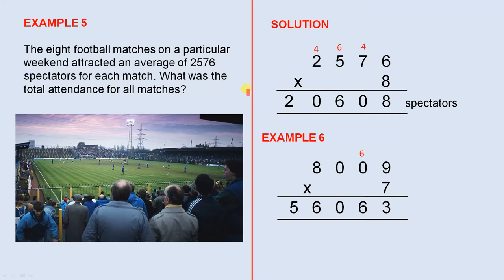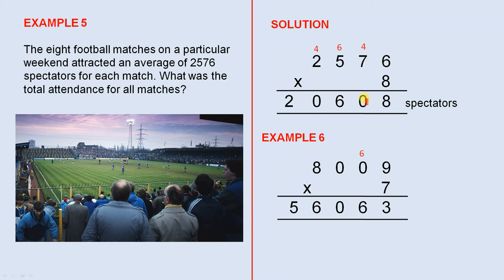Example 5. The 8 football matches on a particular weekend attracted an average of 2,576 spectators for each match. What was the total attendance for all matches? So here is the average per match, and here we have the 8 separate matches. 8 6s are 48, there's the 8 and 4 10s. 8 7s are 56.